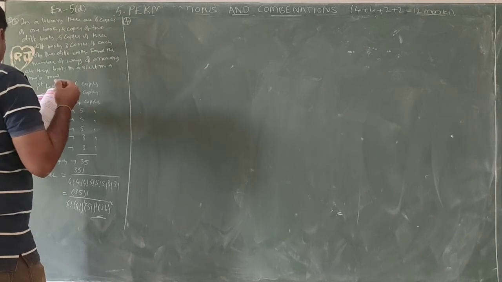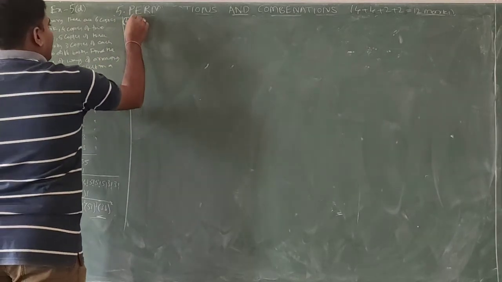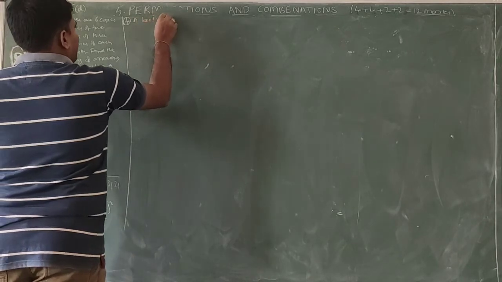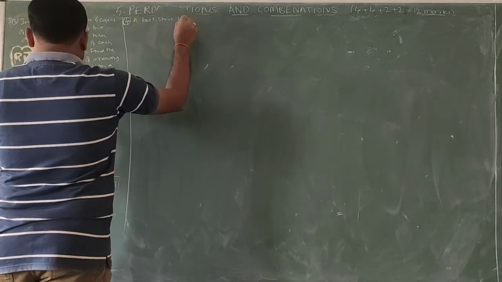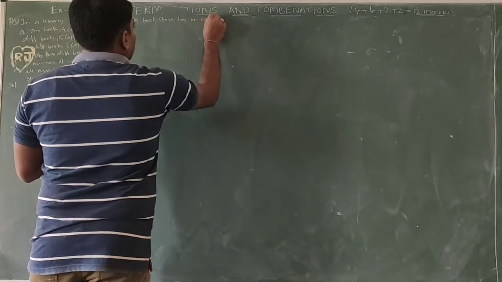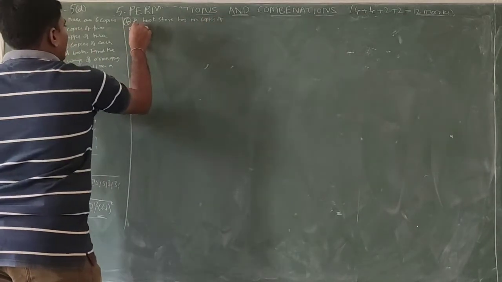Fourth question. Similar question. A bookstore has m copies of n different books.